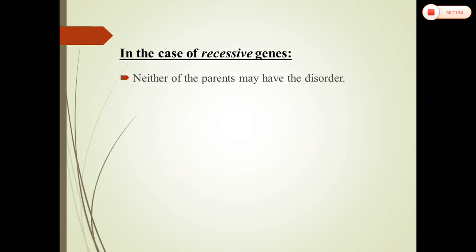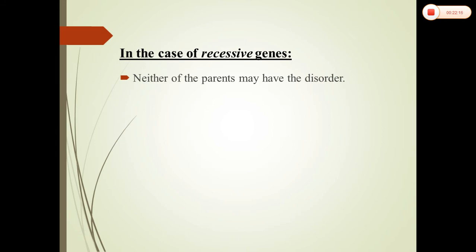When parents are heterozygous, we don't call them affected. Their progeny receives both recessive alleles, just like hemophilia and color blindness. When parents are normal, only then can both recessive genes be transferred to the next generation.